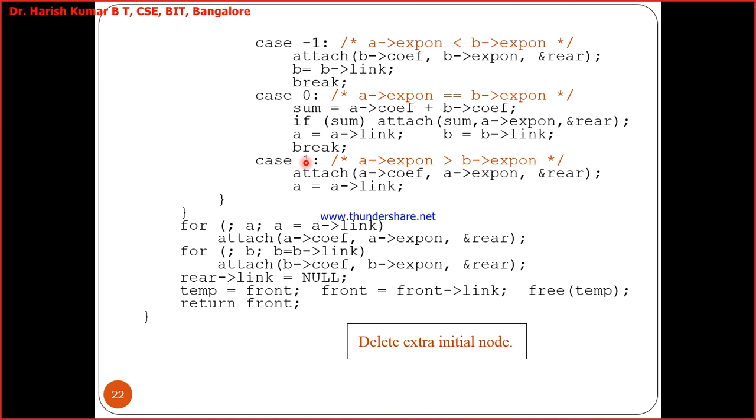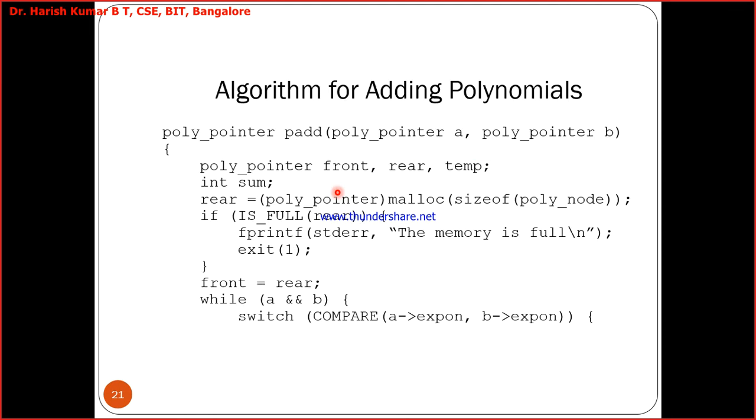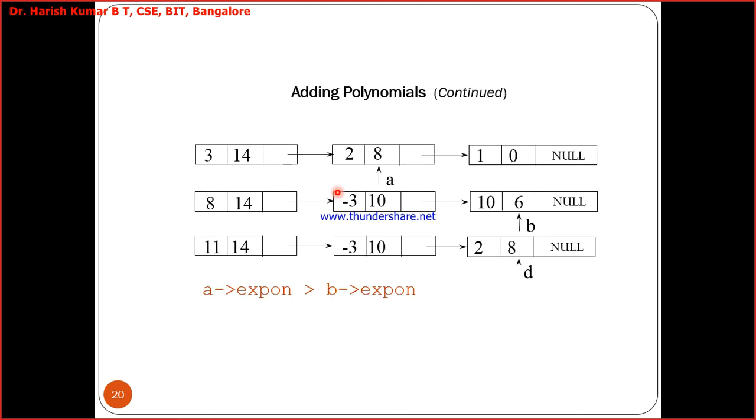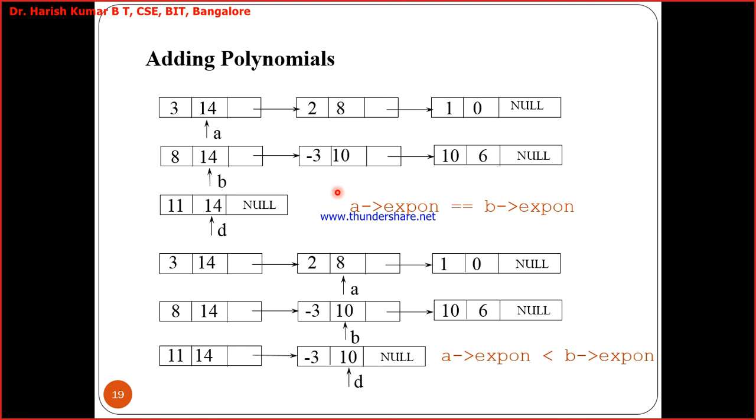Similarly, in case 1, we attach a's coefficient and a's exponent, and we increment only a and not b. Clear? I hope you understood till here. Any doubts till here? No, sir.